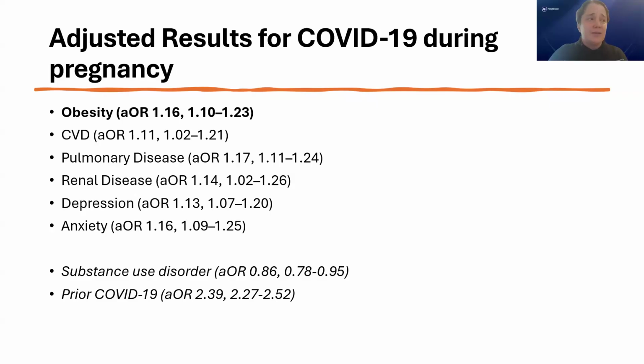Also, people with these diagnoses could be more within the health system and maybe are getting tested more often for COVID-19. So it's kind of hard to know which is which, but those are really how we're interpreting these results.